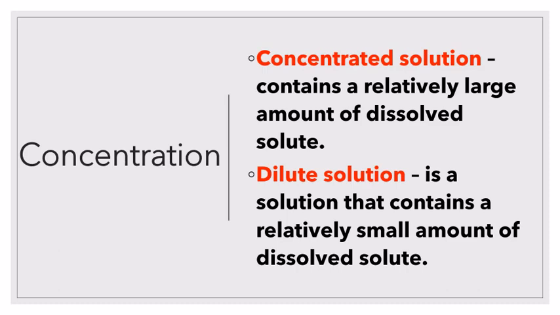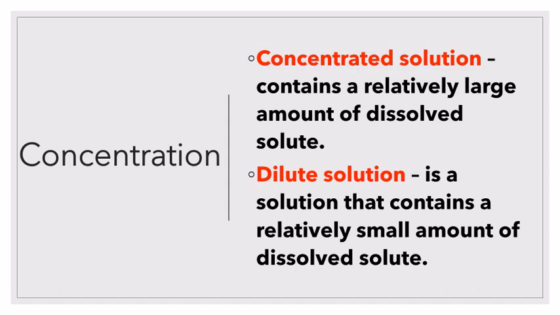So for concentrated solution, let's have an example, sinigang. So in Tagalog, kapag nagluto ka ng sinigang at super asim ng sinigang nung tinikman mo. So that is a concentrated solution because you applied lots of solute, which is the sinigang mix.